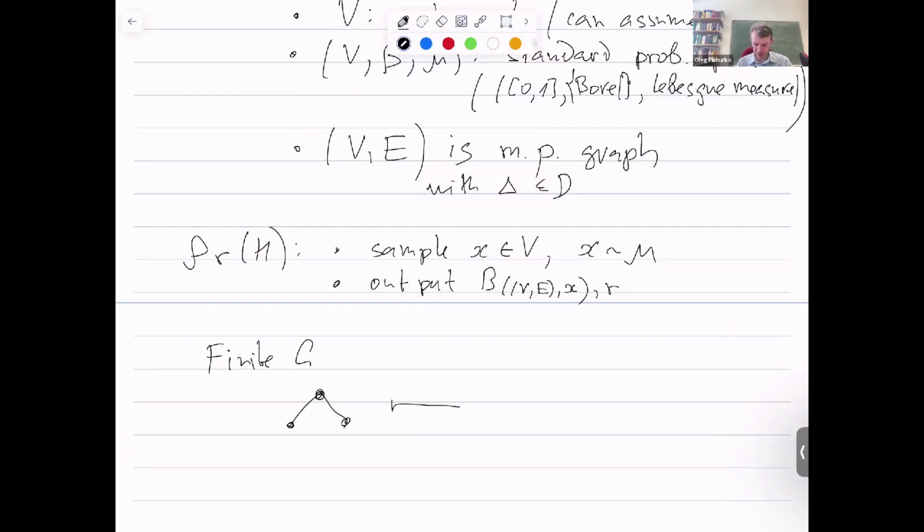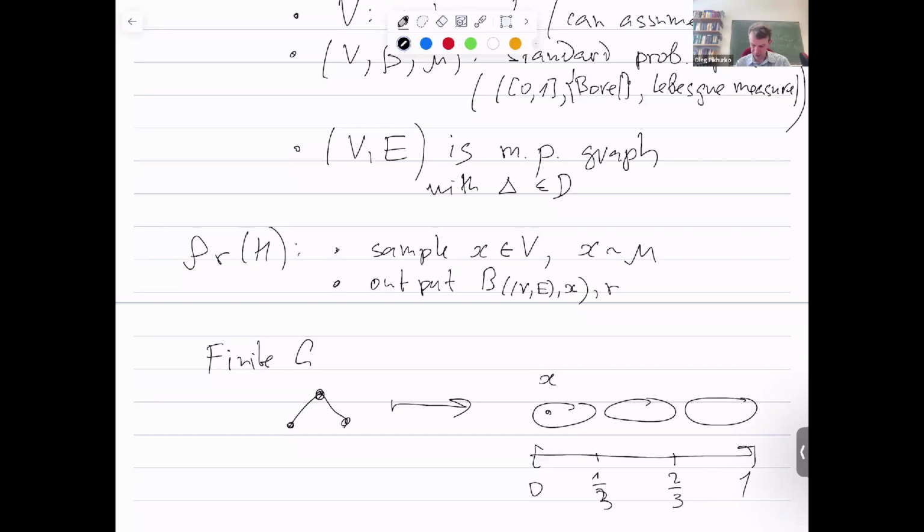Suppose it's just a path. How can I make a graphing? Well, I can partition my interval into 3 parts. So this is my unit interval 0, 1, and these points would be 1/3 and 2/3. And what would be my edges if I have X in the first or second part? I connect it by an edge to X plus 1/3, and this third point is X plus 2/3. And so on.